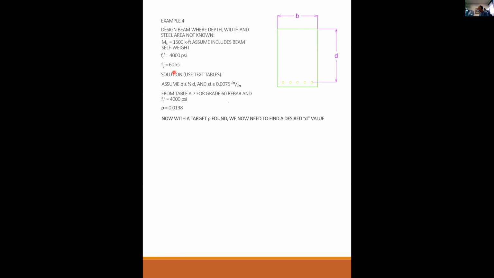Then you look at where epsilon t equals 0.075, and that's rho equal to 0.138. That's where that number came from. I didn't want you to look at this presentation and wonder where it came from. It came from that table using 4,000, grade 60, and epsilon t equal to 0.075. Everybody see where I got that?